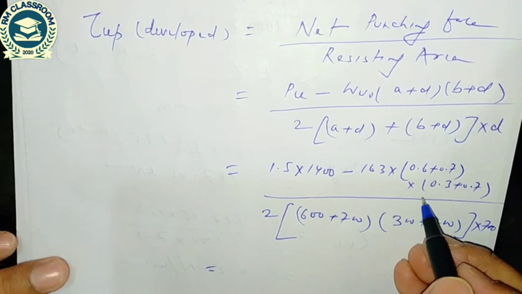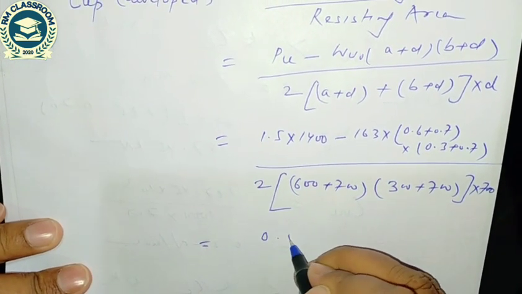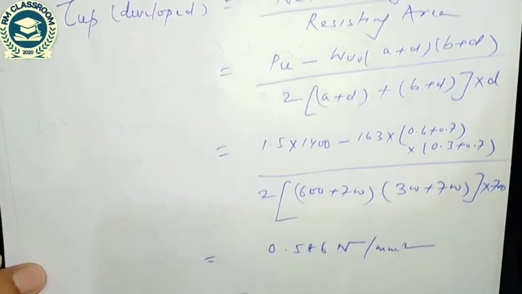So this is Newton, this is also kilonewton. So it is coming 0.586 Newton per mm square.